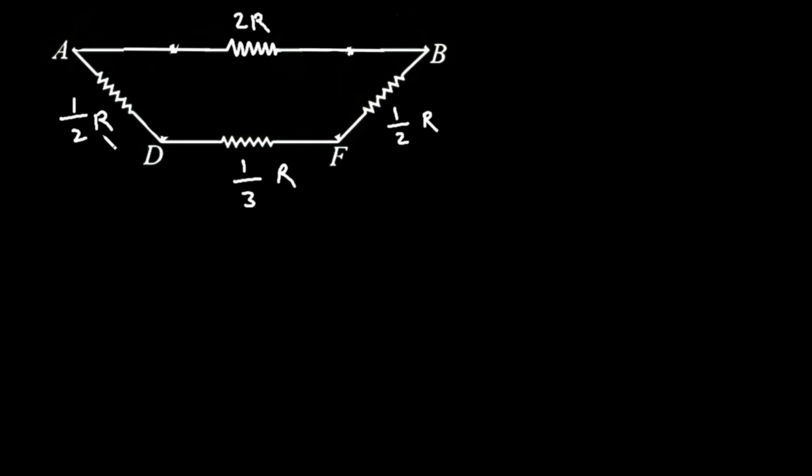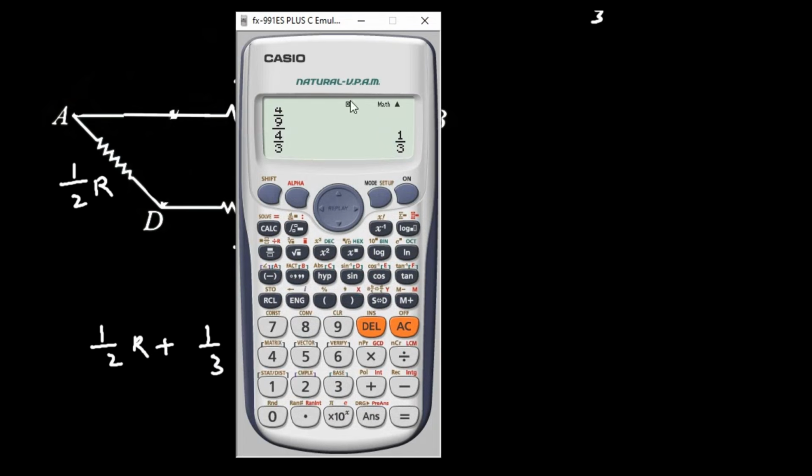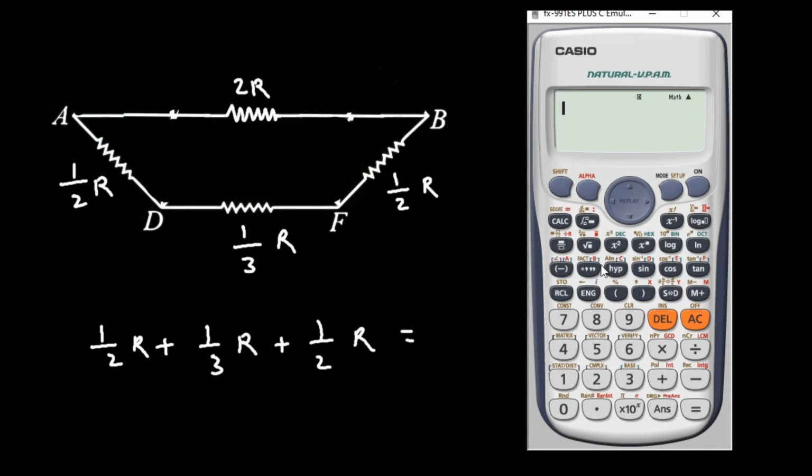So this 1 by 2 R, 1 by 3 and 1 by 2, they are connected in series. So it will be 1 by 2 R plus 1 by 3 R plus 1 by 2 R. It is equal to, let's solve this. So 1 by 2 plus 1 by 3 plus 1 by 2.